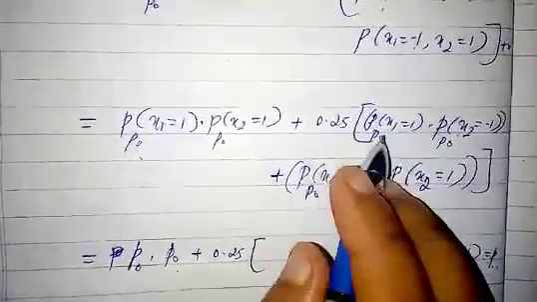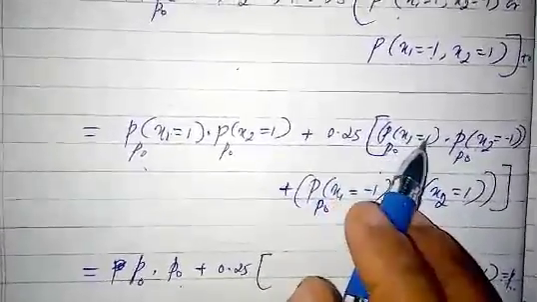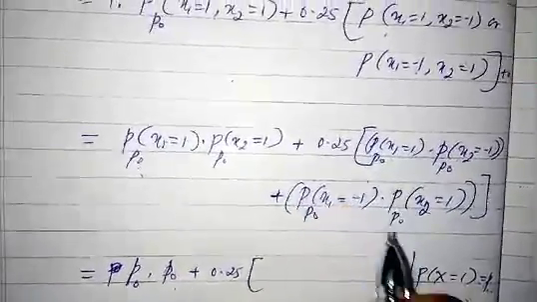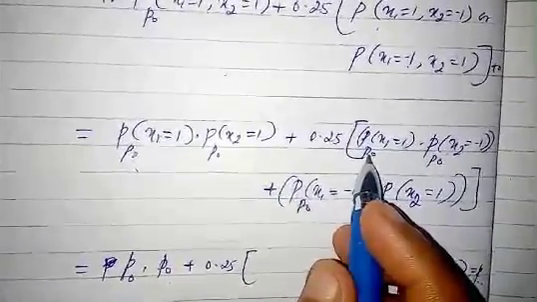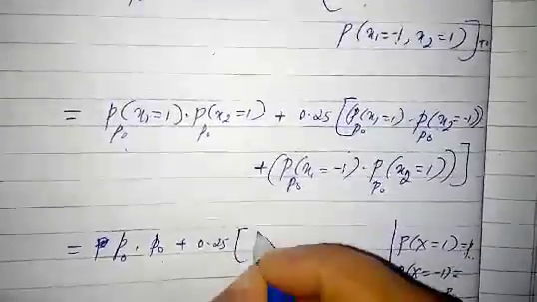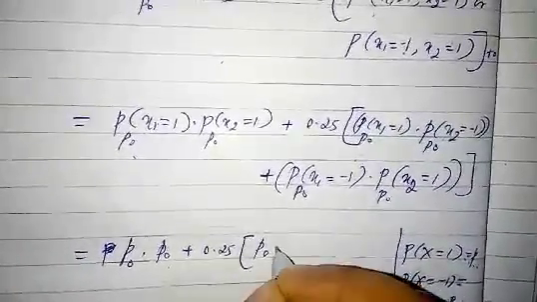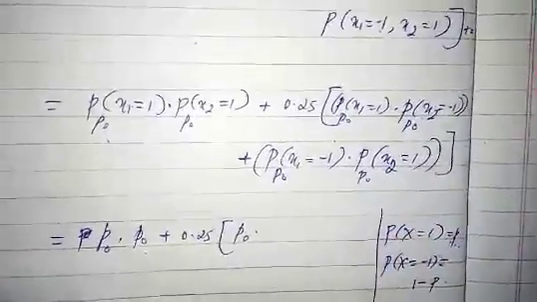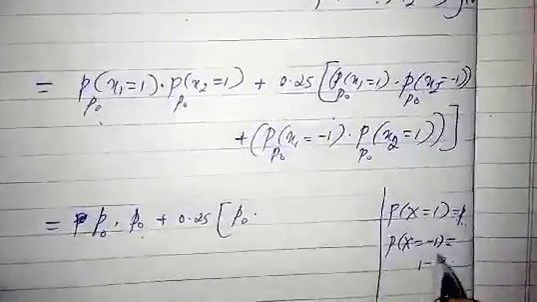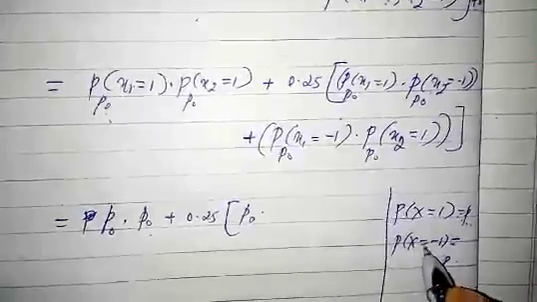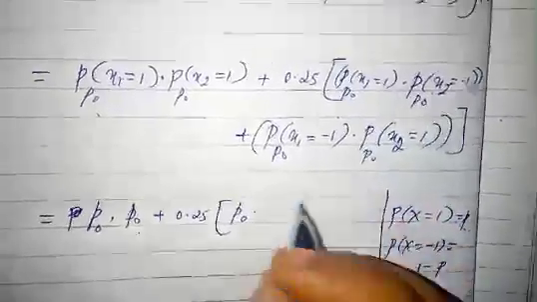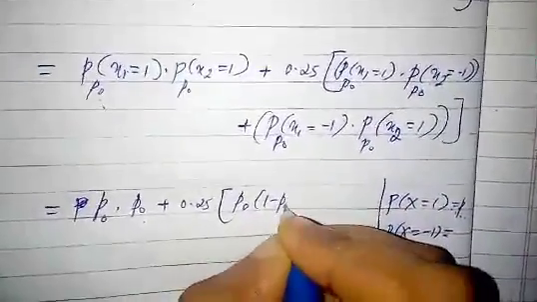Then the probability of x1 equal to 1 under p naught is p naught, times the probability of x2 equal to minus 1, which is 1 minus p, and under p naught it is 1 minus p naught.